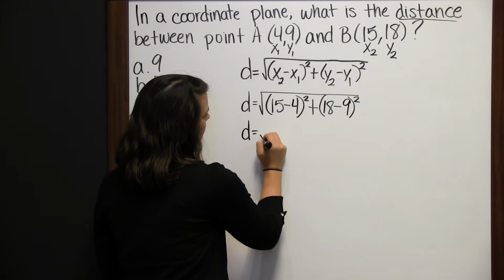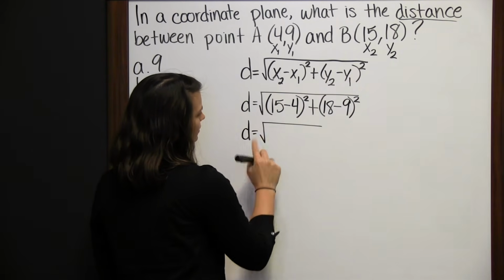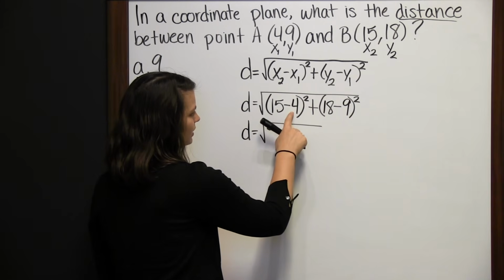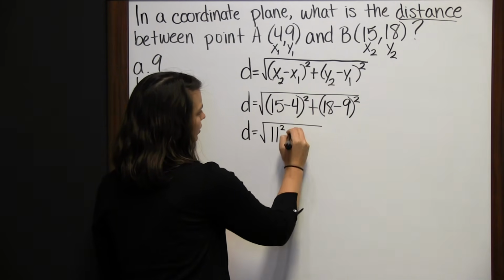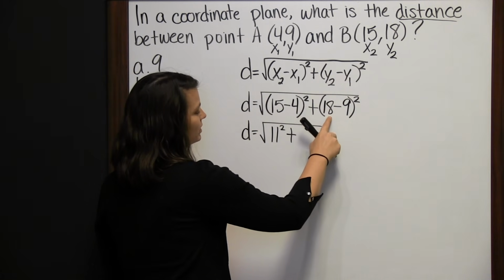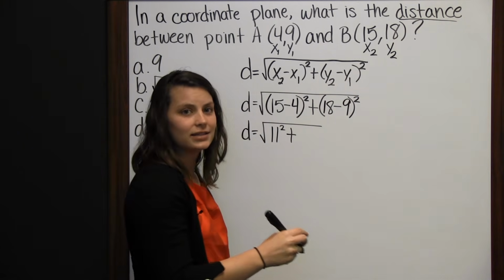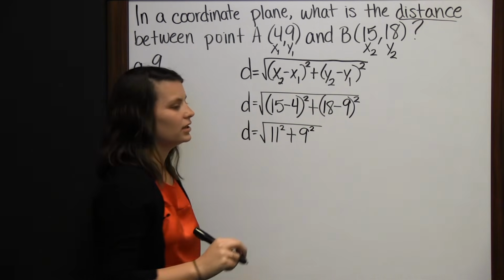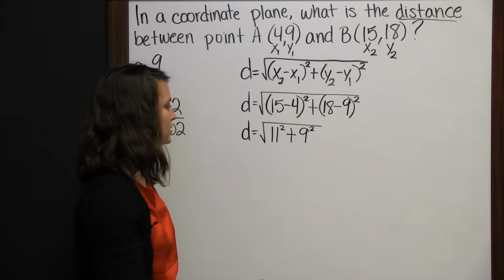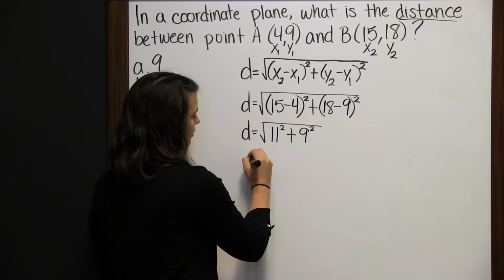So distance equals the square root of 15 minus 4 is 11 squared plus 18 minus 9 is 9 squared. Next, our order of operations tells us to take care of our exponents.